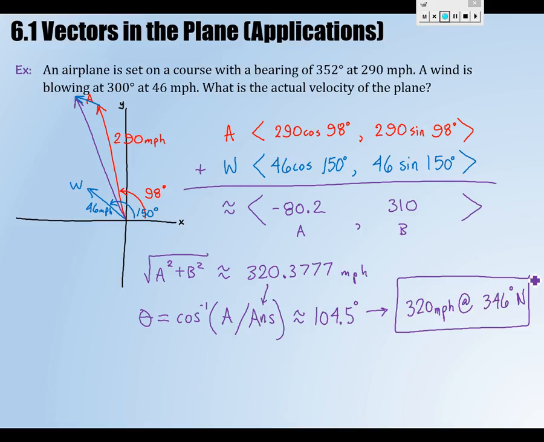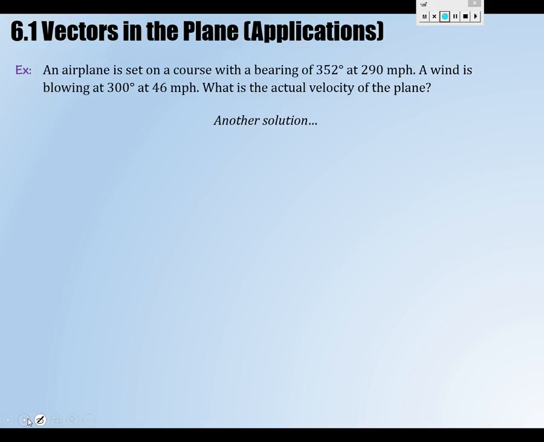One other way to do this problem is to conceptualize it this way. I don't want to do the whole problem again, but I just want to draw this quick picture. Here we have the airplane, and here we have the wind, and the vector we're looking for is this vector. A lot of us might look at this and say, hey, that's a triangle.